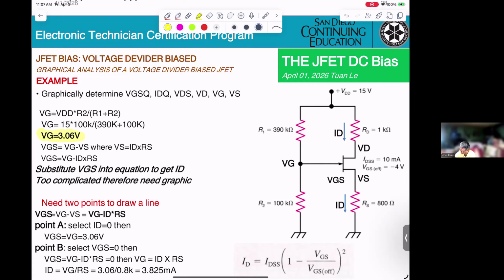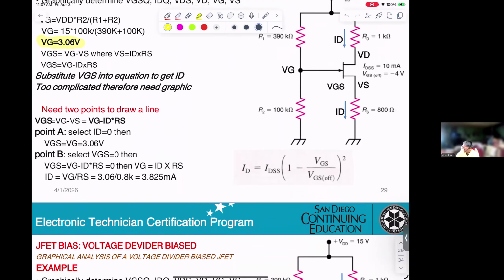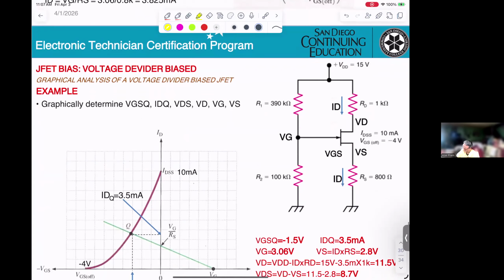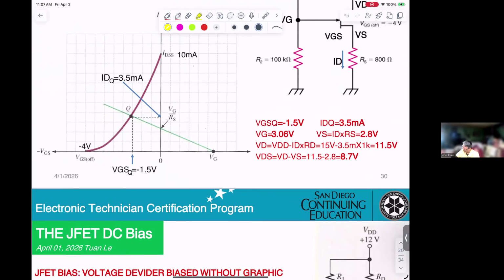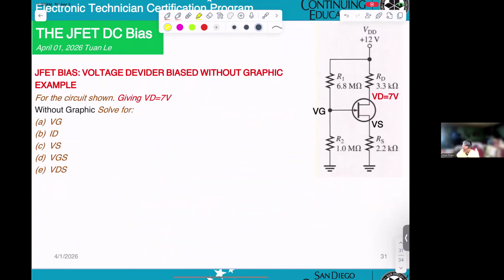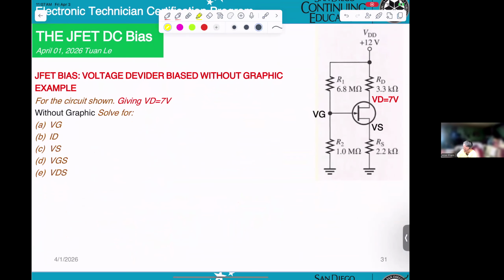Too complicated, therefore we need the graphic. You need 2 points to draw the line. This is the one you will be doing. For voltage divider bias, you have to get the graphic.